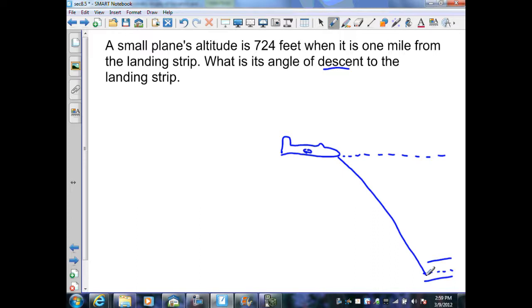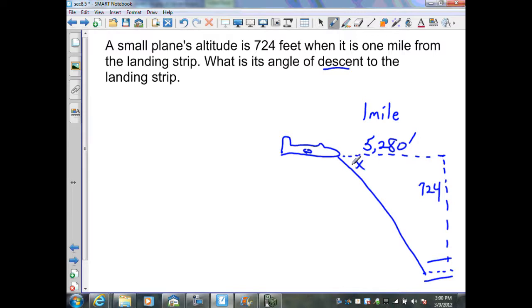I know that the altitude of the plane is given to be 724 feet. I also know that the plane is 1 mile from the airport. 1 mile is 5,280 feet. What they want to determine is the angle of descent or the angle of depression.